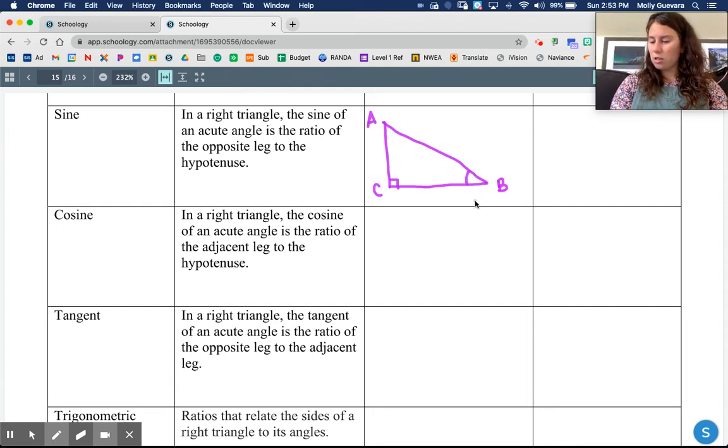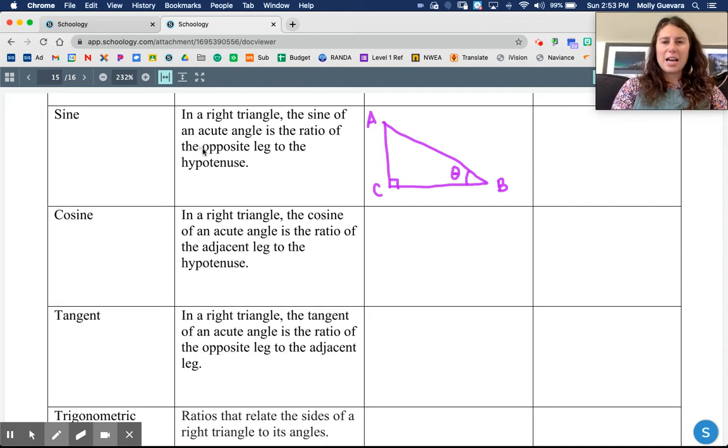What we typically use when we're talking about angles is the letter of the angle, but for an unknown, we're going to use theta. It's like a 0 with a horizontal line through it.